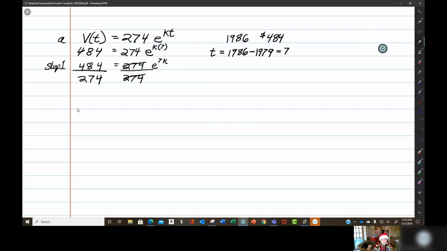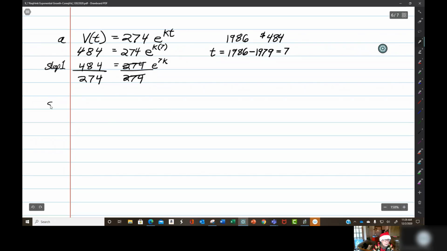Like when I take the ln of 484 over 274, well, I'll show you. Anyway, you would find it in the back of your math book. Everybody had to bring their math book every day. Wow. Life is so much easier. Calculators are so much lighter. Anyway, yes, back to work.